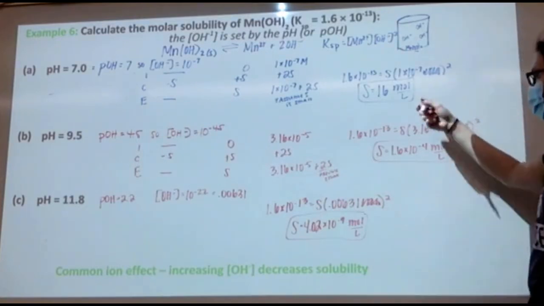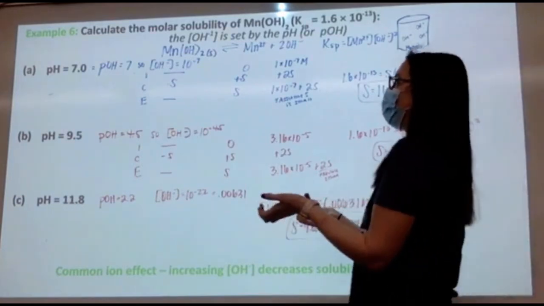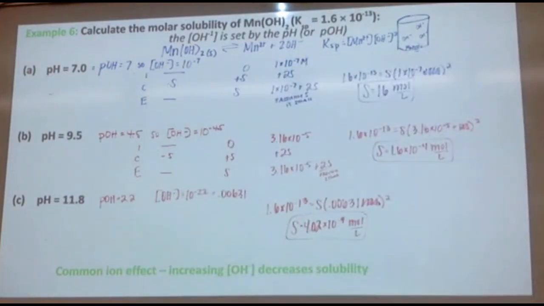So notice as we increase the amount of hydroxide, we increase the amount of common ion. If you say, how do you know this is a common ion and not something to do with pH? Well, always start by seeing what would be in the beaker. If you have a common ion, it's going to be a common ion problem.